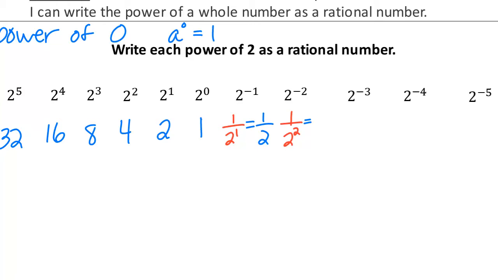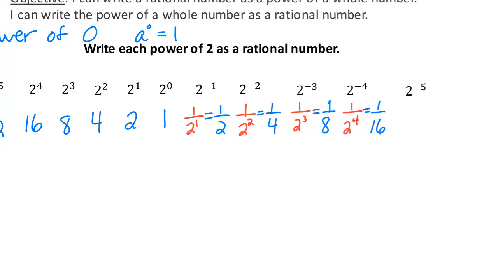But 1 over 2 squared is 1/4. And then 2 to the negative 3, that's 1 over 2 cubed, which is going to be 1/8. 2 to the negative fourth, the reciprocal is 1 over 2 to the fourth, which is 1 over 16. And the last one is 1 over 2 to the fifth power, which is 1 over 32.